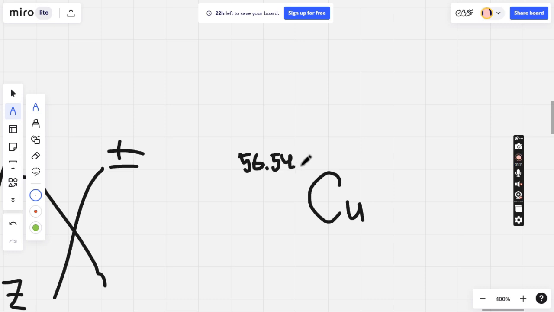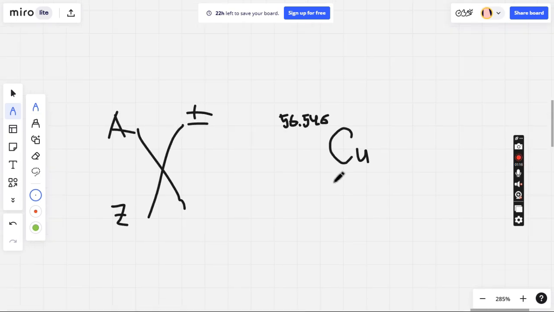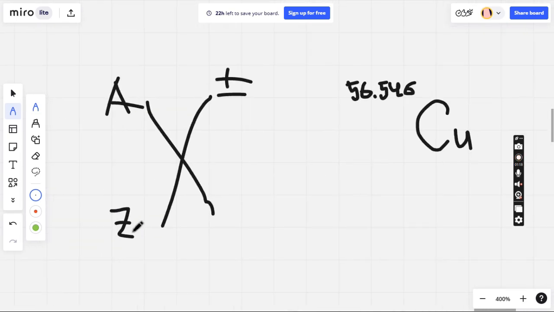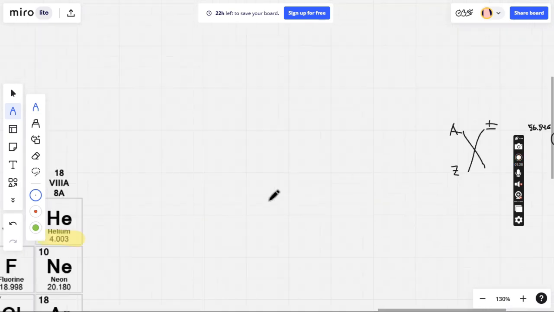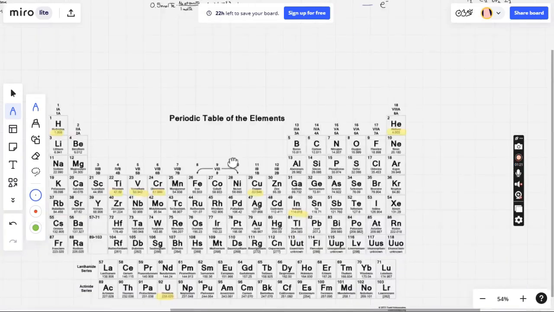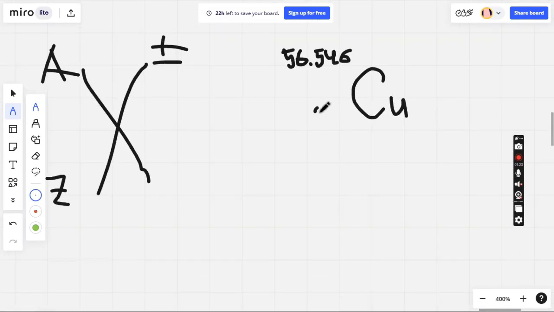So 64 is our mass number, rounded. Then down here Z will be its atomic number. Let's look again at copper. 29 is its atomic number. So you could put it down here.